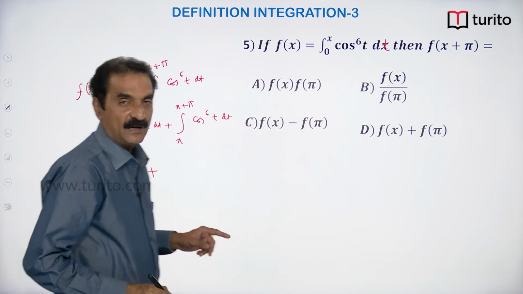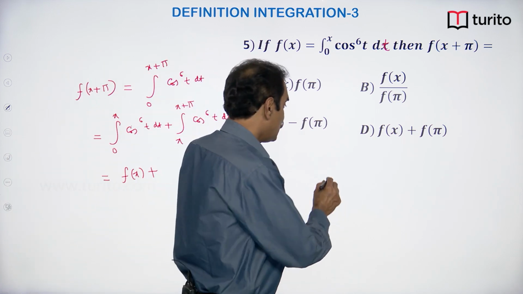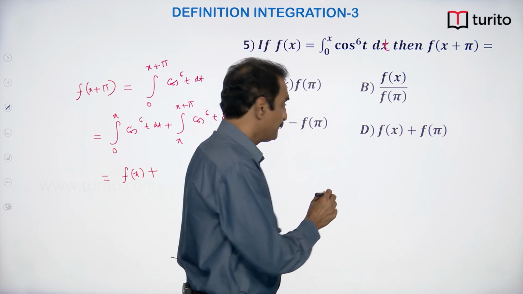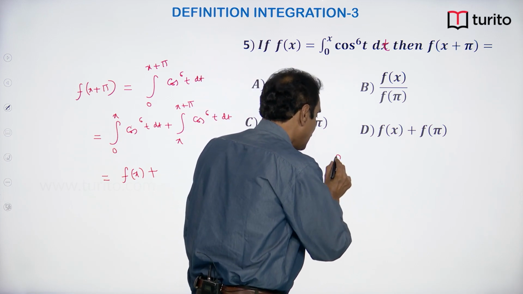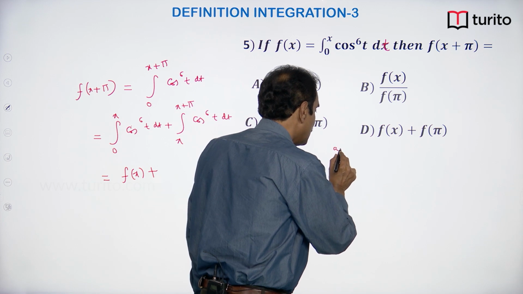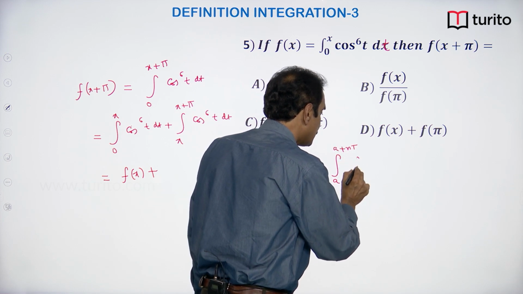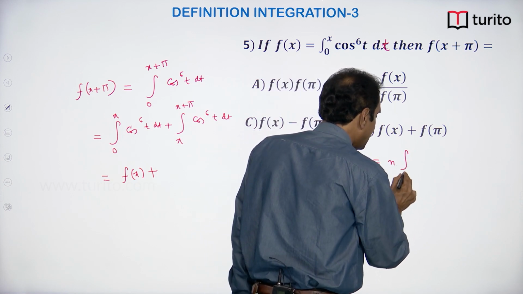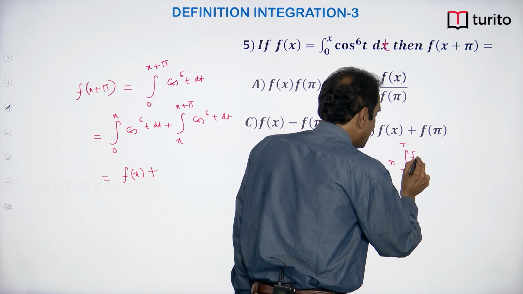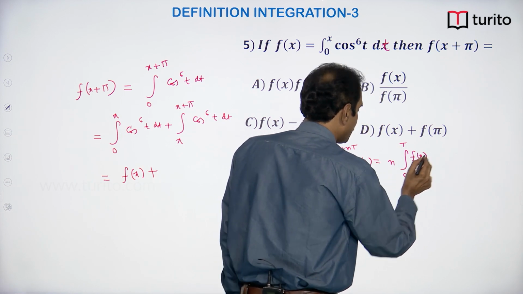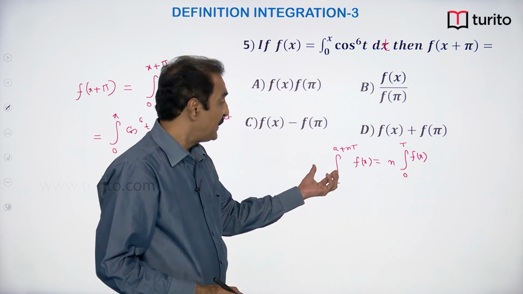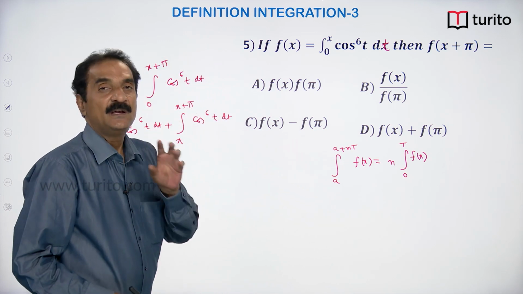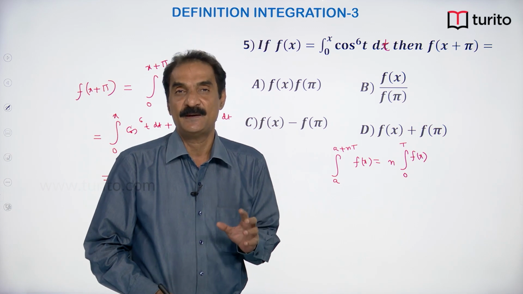Plus, now recollect the property of definite integral. If f of x is a periodic function with period t, then integral a to a plus nt f of x dx is equal to n integral 0 to t f of x dx. This integral is independent of a. Here cos power 6t is a periodic function with period pi.